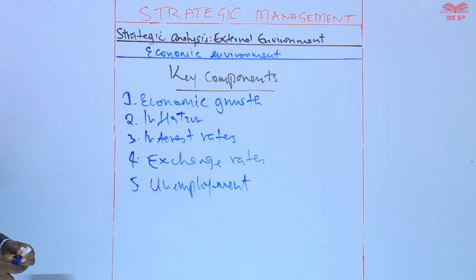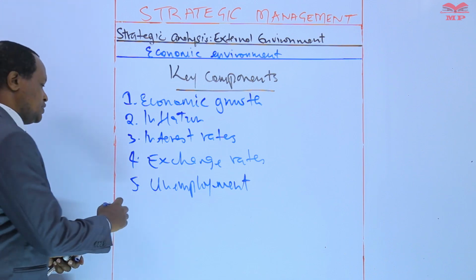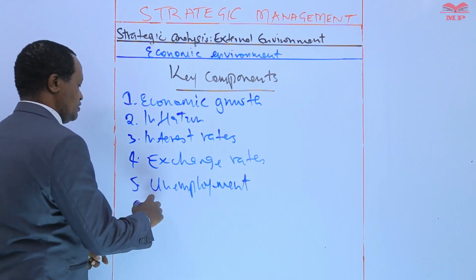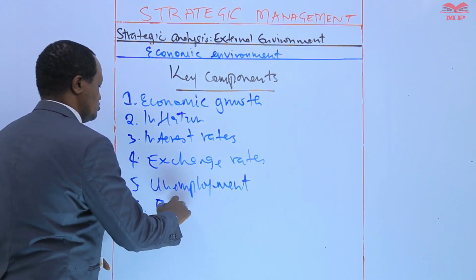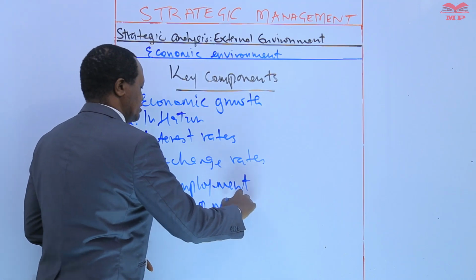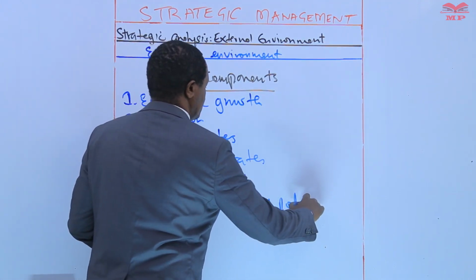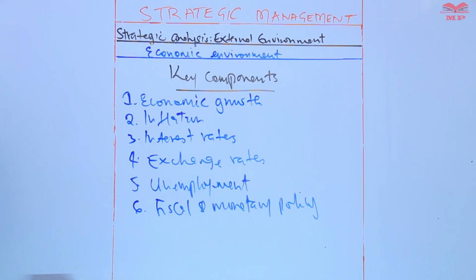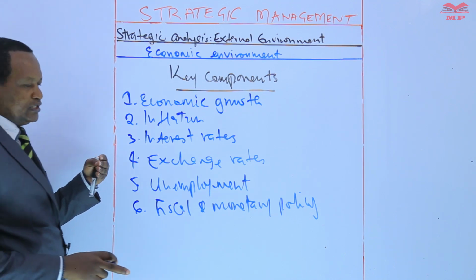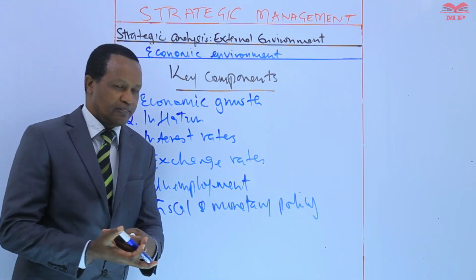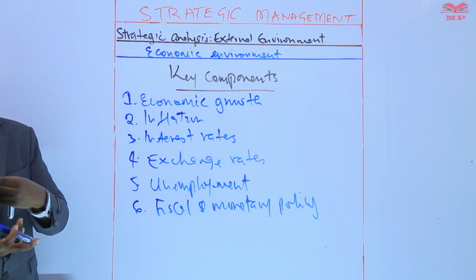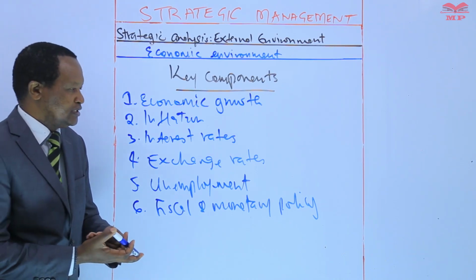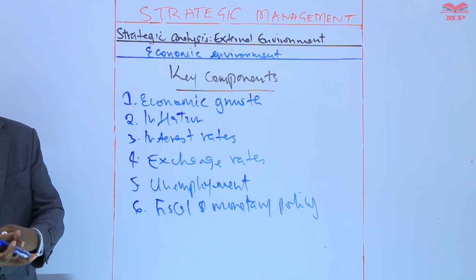All right. Then we have government fiscal and monetary policy. These are economic terms. Now, government policies relate to taxation, they relate to spending, and also interest rates.